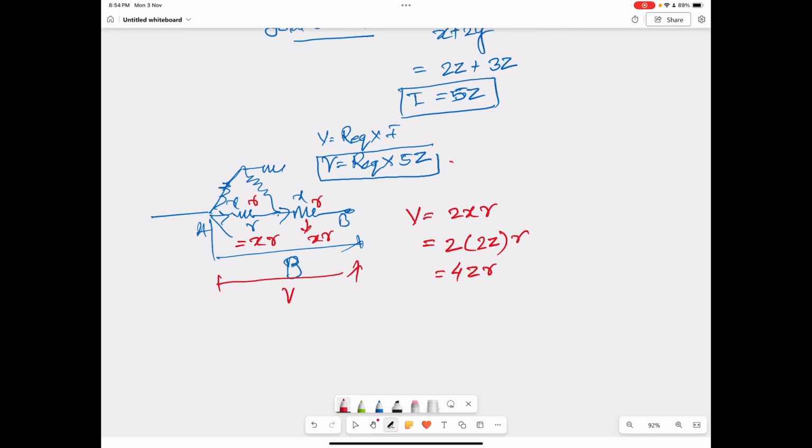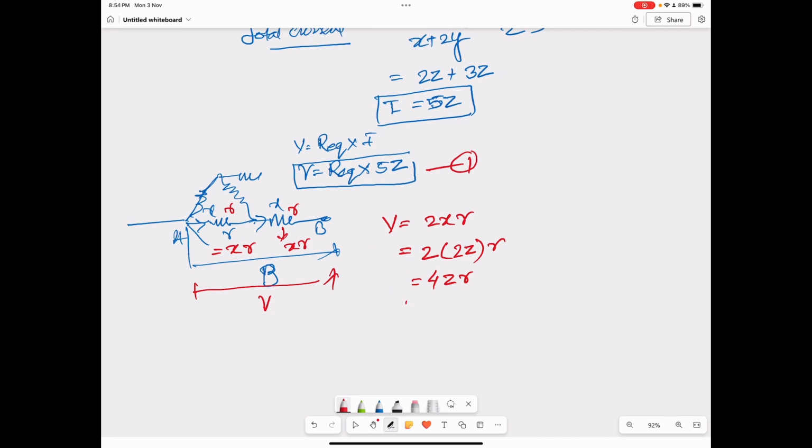So I am equating this with this. 4ZR is nothing but Req into 5Z. So here Z will cancel and Req will be nothing but 4R by 5, which is nothing but 0.8R.